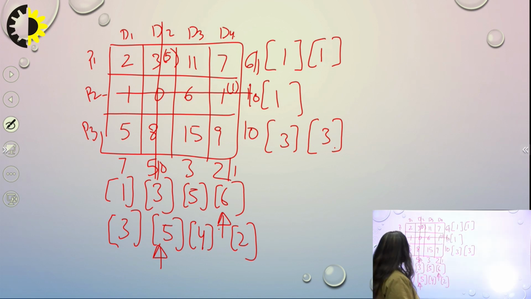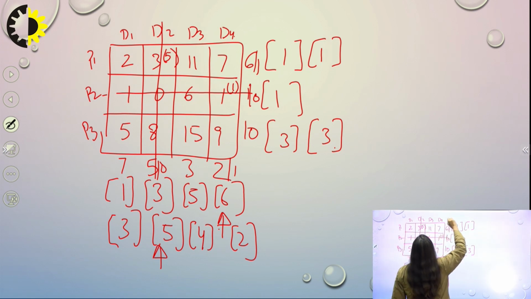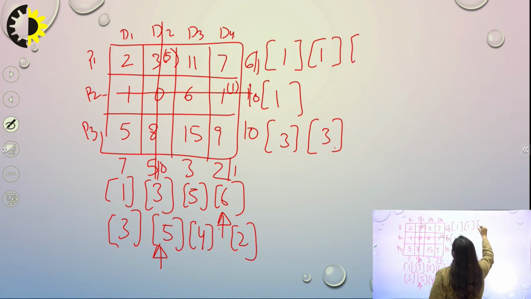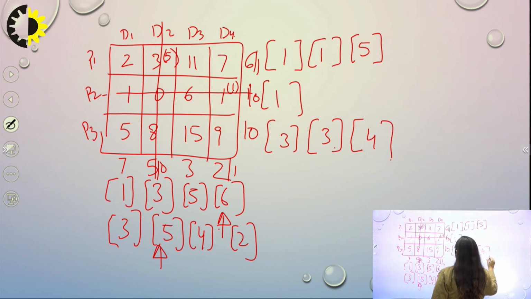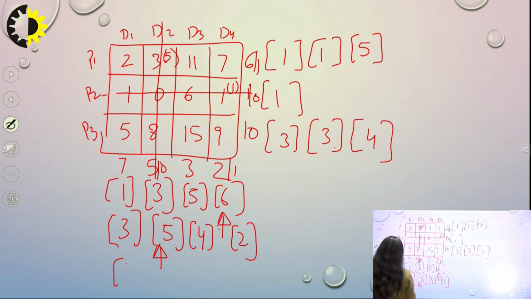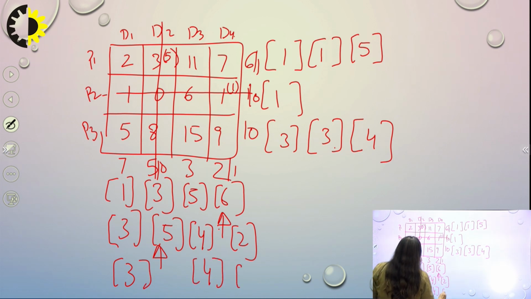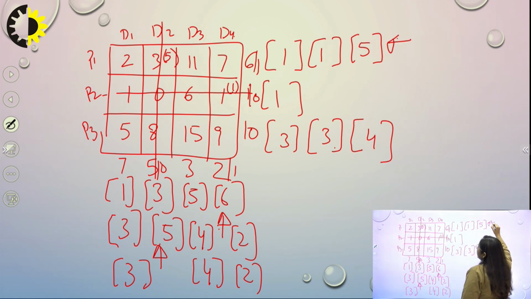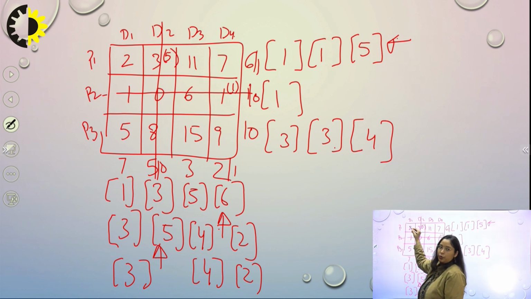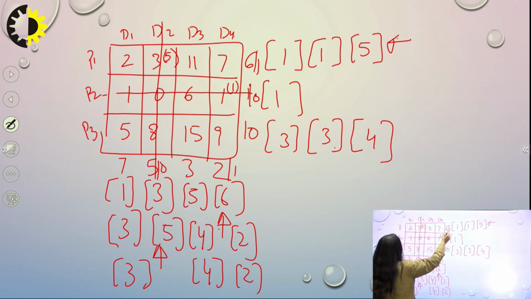Now we will again find out the regret, that is, this is 5, this is 4, now this is 3, 4 and 2. The maximum regret here is 5. So choose this, and what is the minimum number here? That is 2. And here the plant supply is only 1, so we can only give 1. So 0. So this is also cancelled and this is 1.